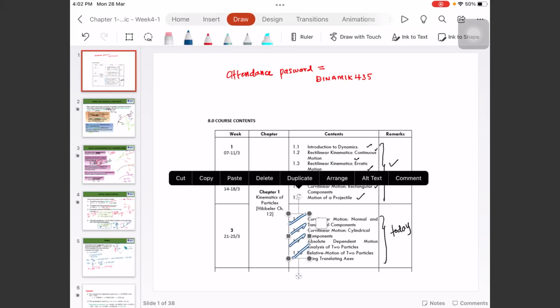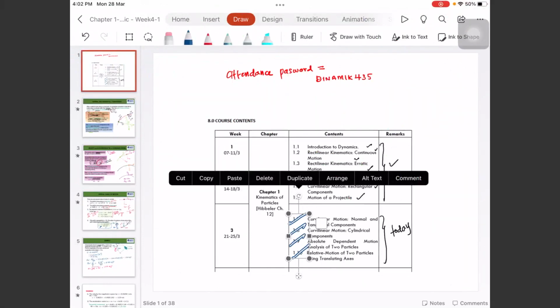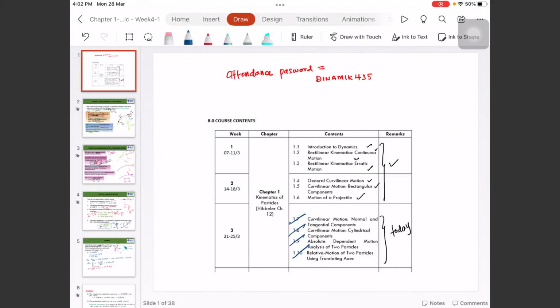Doktor, hari Khamis tu online ke face to face? Buat masa ni online lah. Buat online dulu. Boleh. Okay. Hari Khamis. Thank you, Doktor.